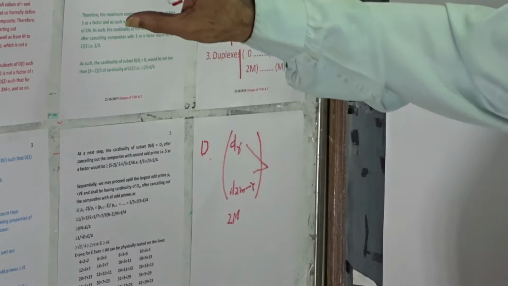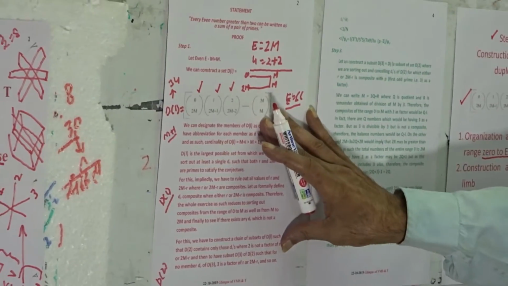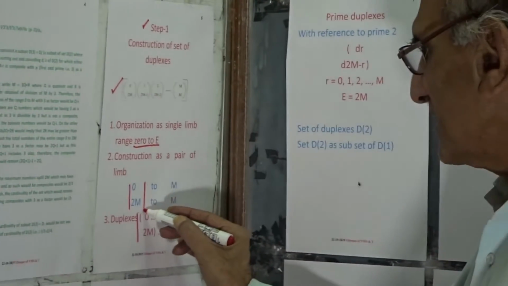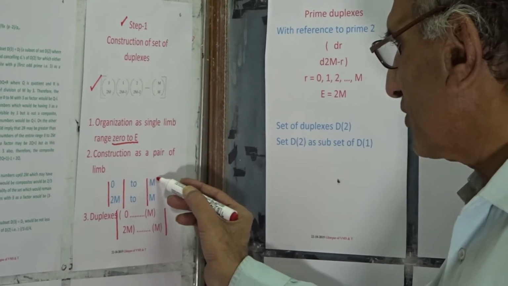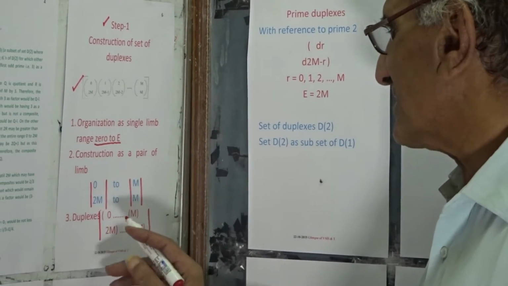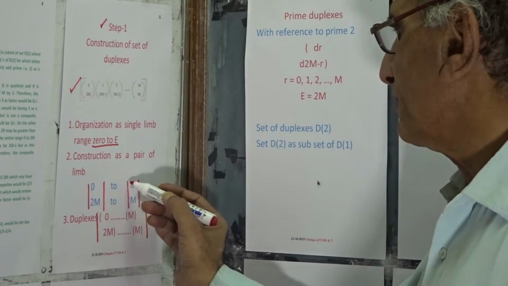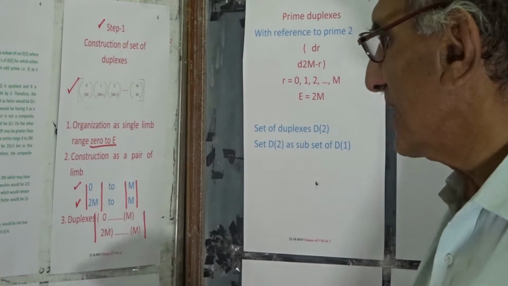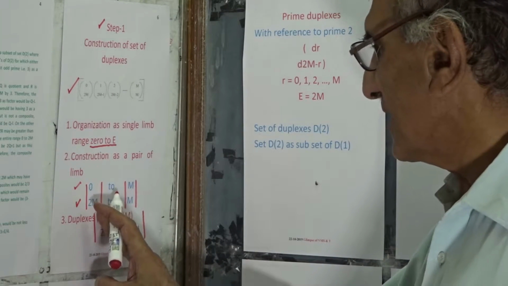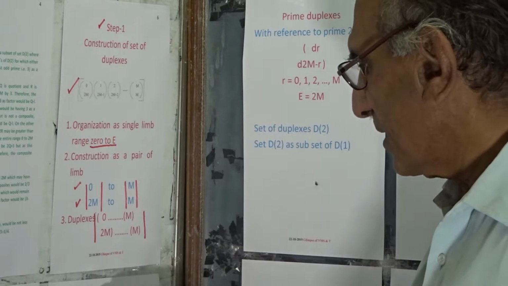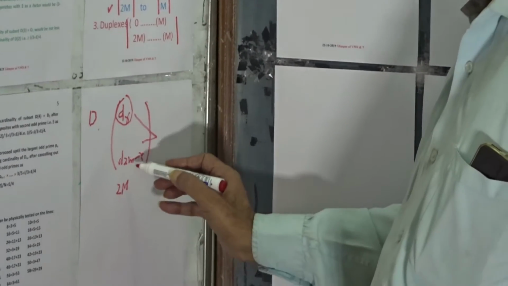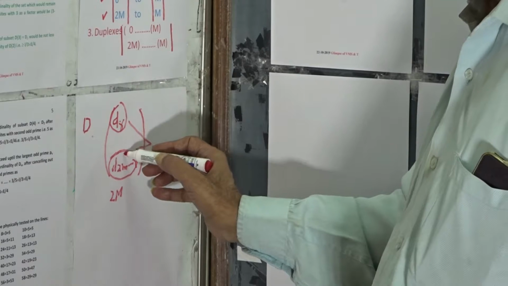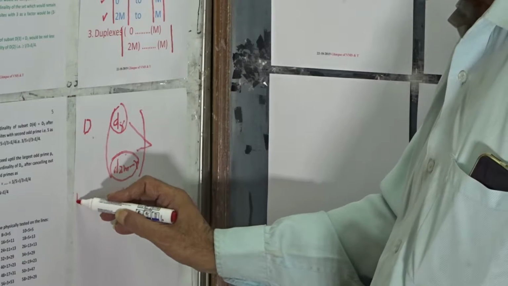Therefore, to prove this conjecture, we have to have scanning for these duplexes, and we have to reach at one such duplex where the upper part and the lower part are primes. So such a duplex where the dr as well as d2m minus r both are primes is defined as a prime duplex.